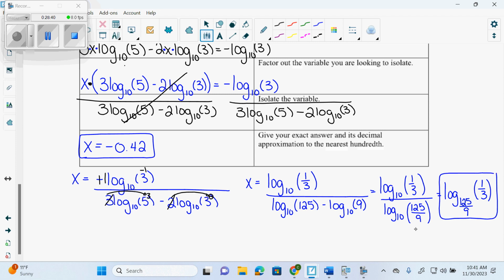Or how else could they give it to me? Log base 9 over 125 with a 3, or 3 over 1, which is the same thing. And you're going to flip it over. What's on the top of the next page?